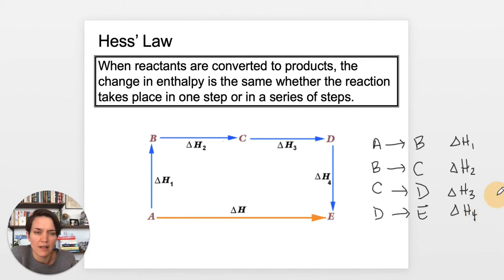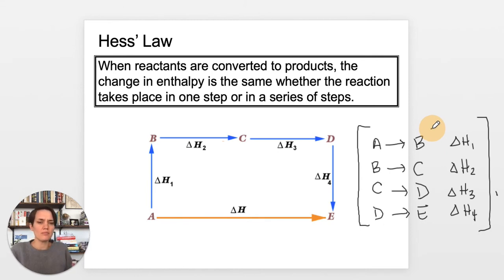What's really significant is that if you look at the total number of reactions that we have, in each situation we have a product that then becomes the reactant in the next chemical reaction, right? So these would be considered intermediaries.